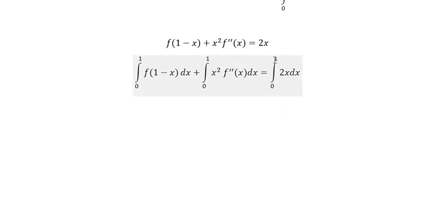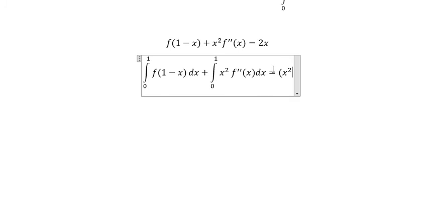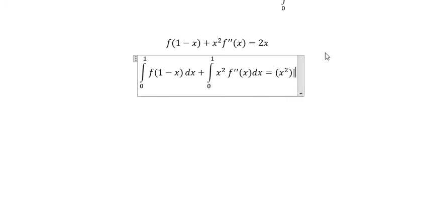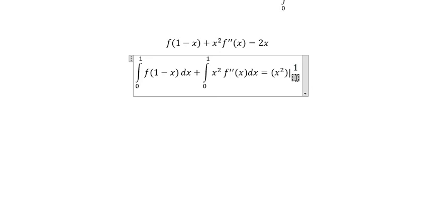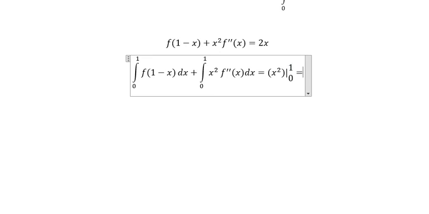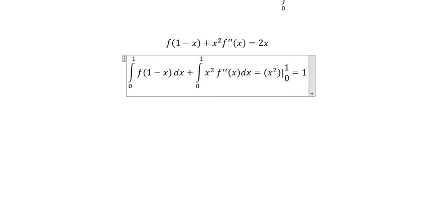Now we need to find the value of this one, the integral from 0 to 1 of 2x. You will get x squared, and we have 1 and 0 here. We put the numbers in, so you get number 1.